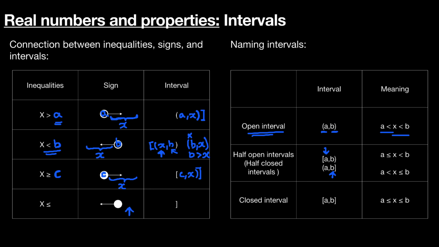And finally, we can have a closed interval where both the starting and the ending values are included. And these are the different names of an interval. So if you see these names in a question, then you must think about these kinds of intervals.